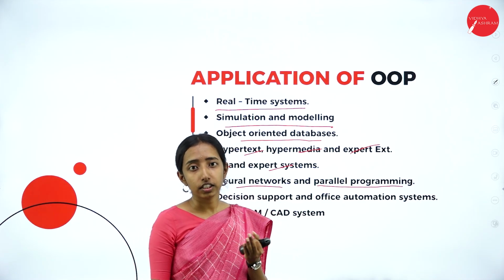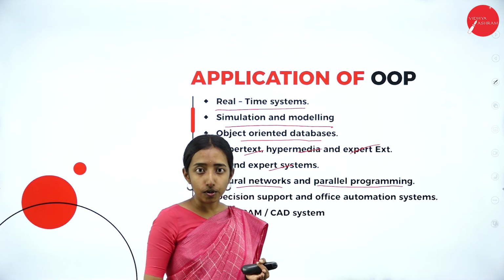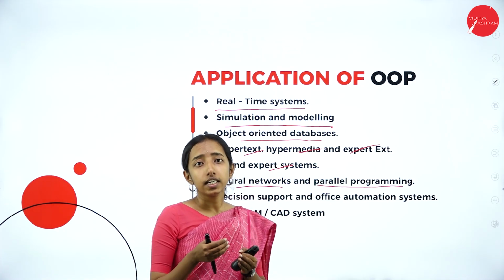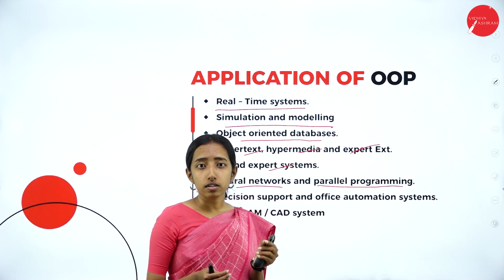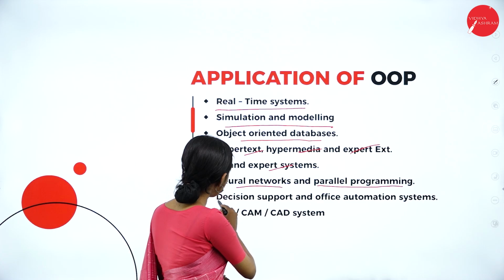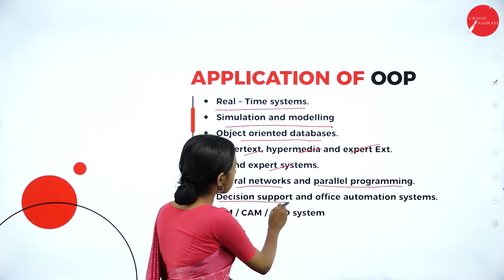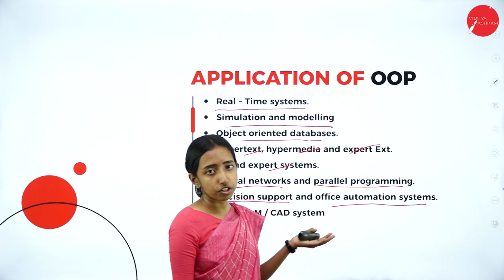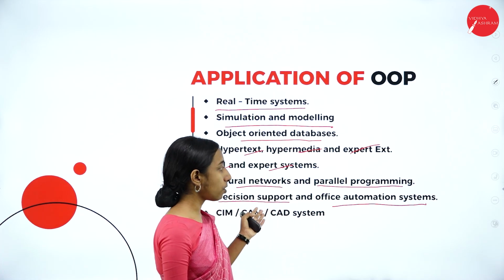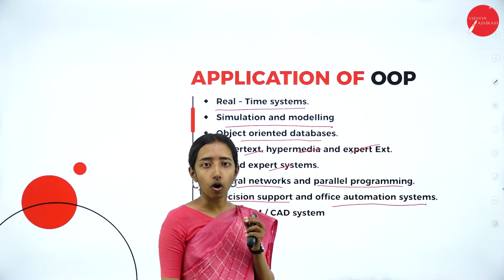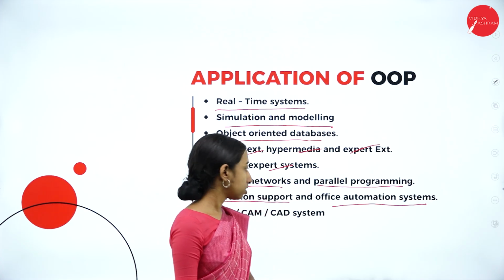In all the complex systems we hear about, the OOPS concept is always used. Next, decision support and office automation systems. In those systems also, the object concept is used.